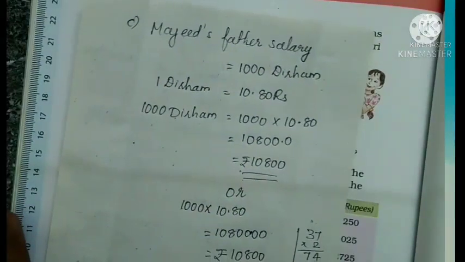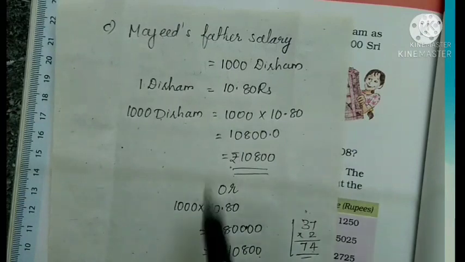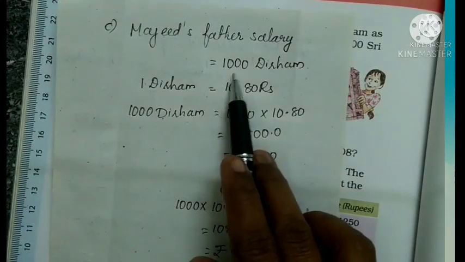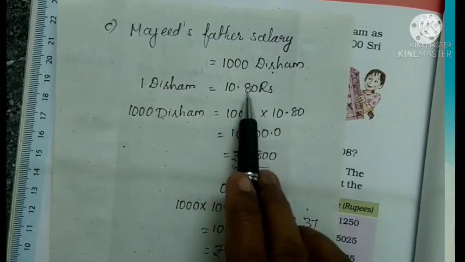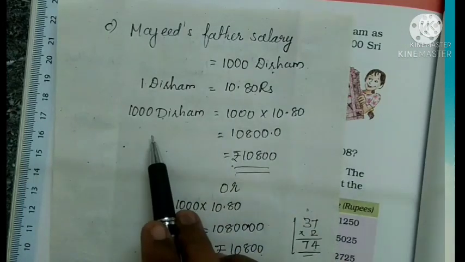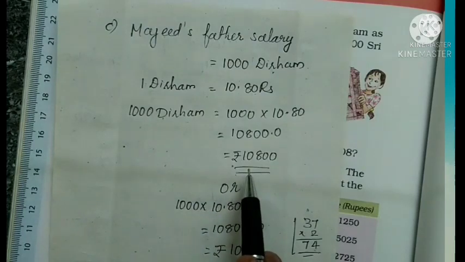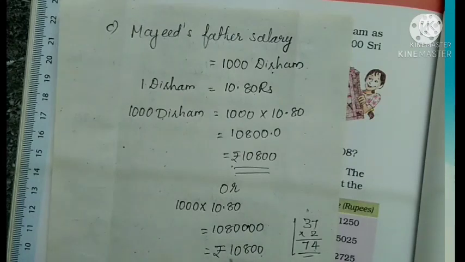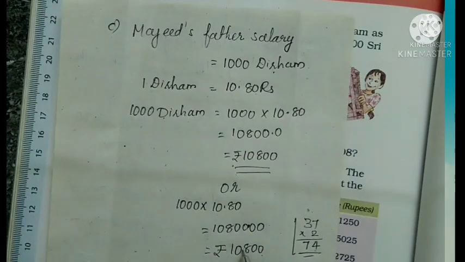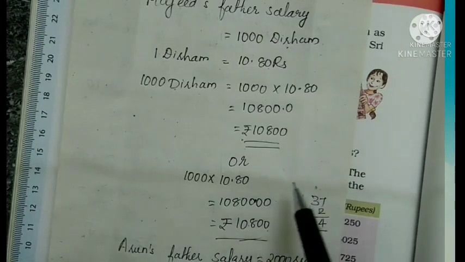Okay? Once again, I am repeating the steps. Majid's father's salary is 1000 dirham. 1 dirham is equal to rupees 10.80. Next we have to find out the 1000 dirham, that is rupees 10,800. So another method, how can we find out this answer? This is another option. Whichever is easy, that you have to follow.